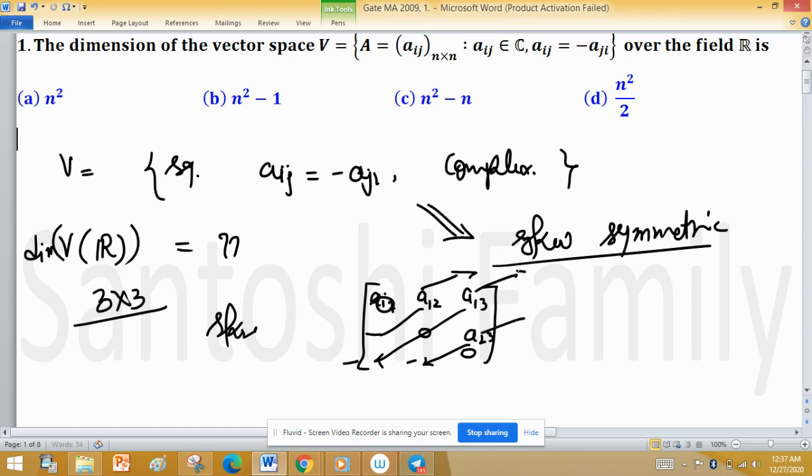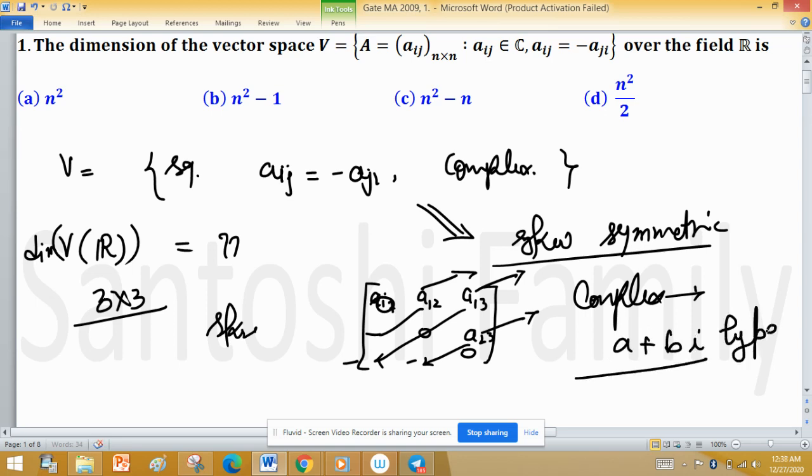So this is the way to define a skew symmetric matrix, and these are A12, A13, A23. These are complex entries. So a complex entry will look like a plus b iota. And how many places are we free or independent? This is my first place, this is my second, and this is my third. In a generalized way, after leaving the last element of the right bottom corner, this is the first entry, and we will stop at the n minus 1 entry.